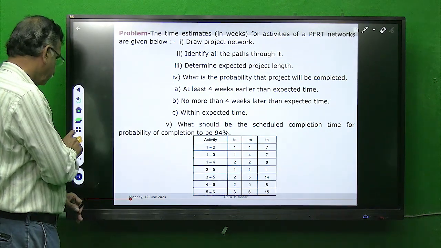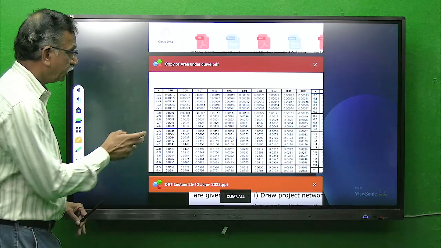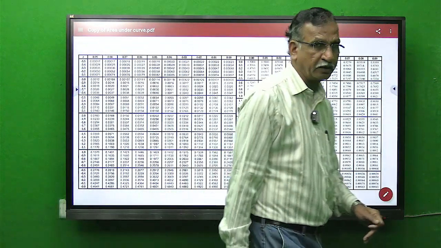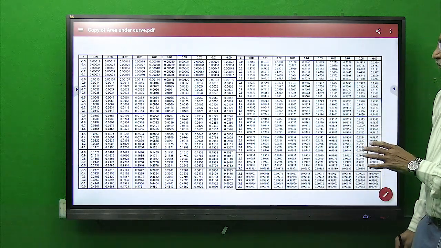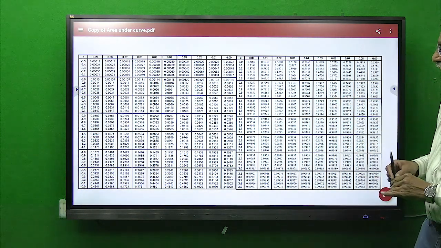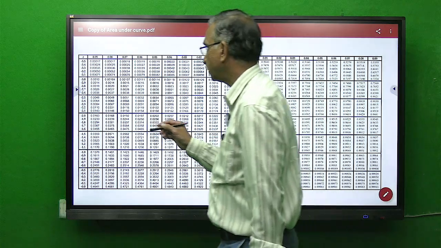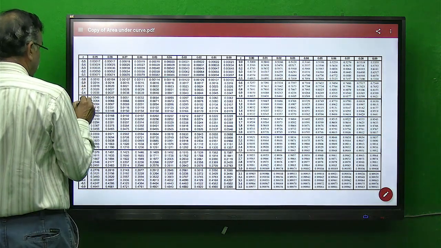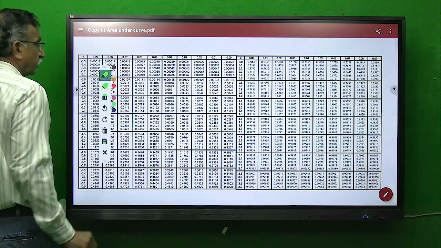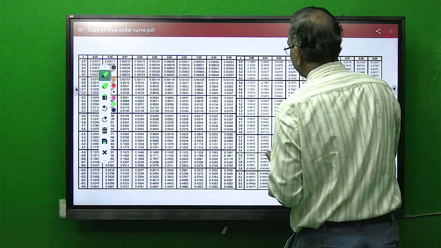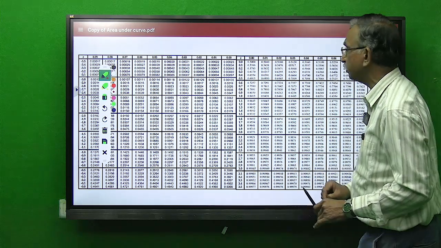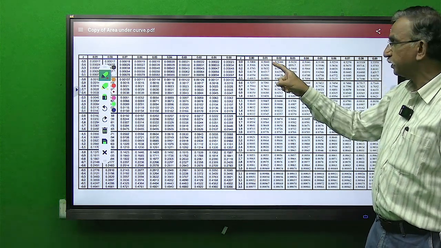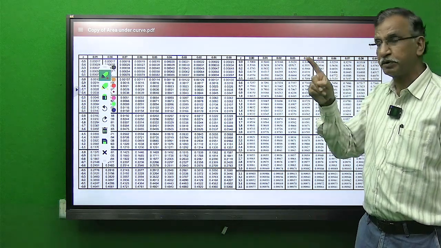Now here what we will do? See, this is the table. I have said that I will show you one table, and this is the table wherein you can read the value of z from 0 to 3.5, and further subdivided as explained in previous lecture.